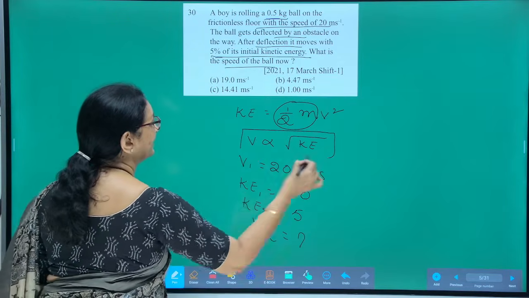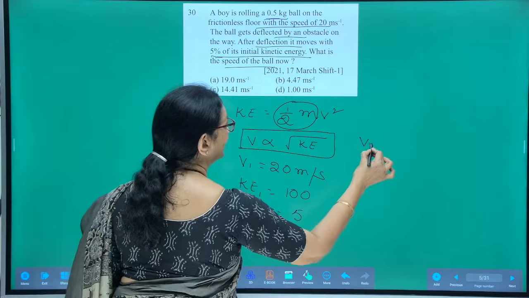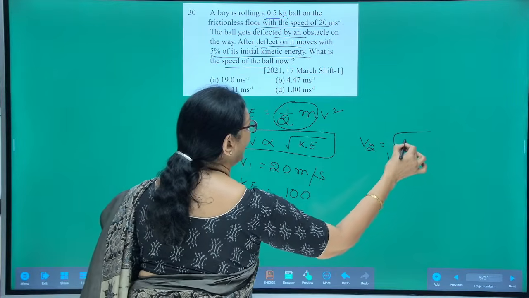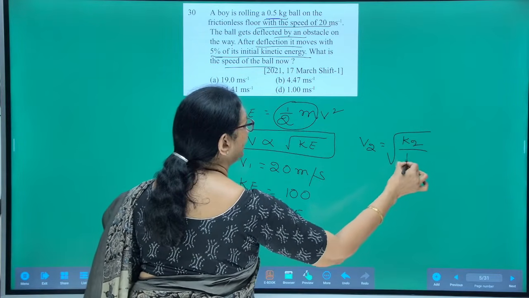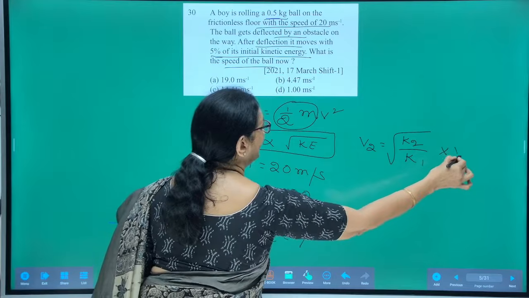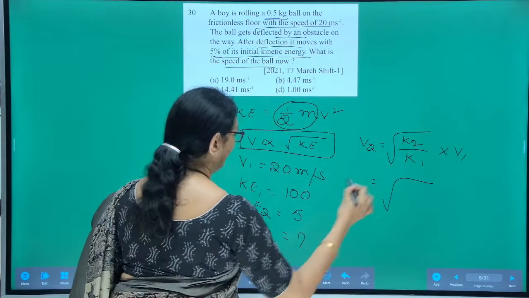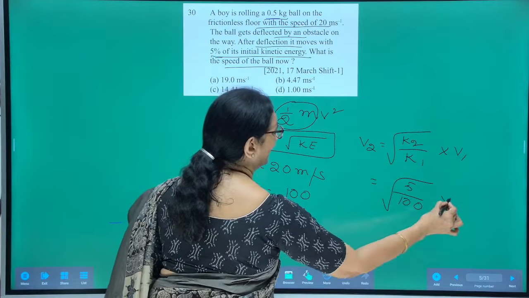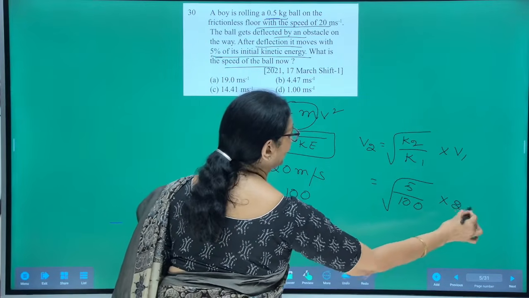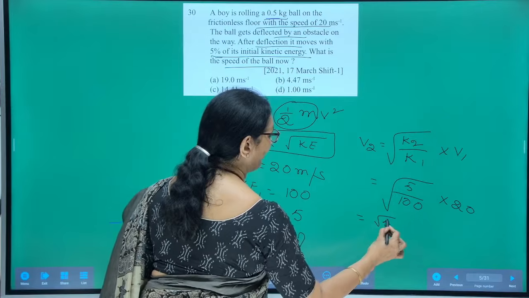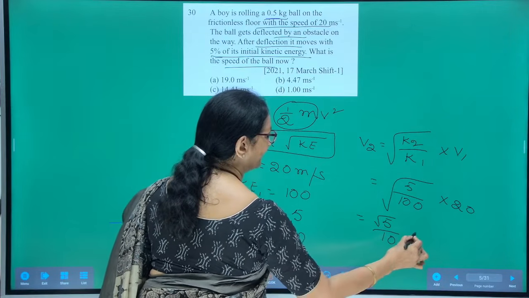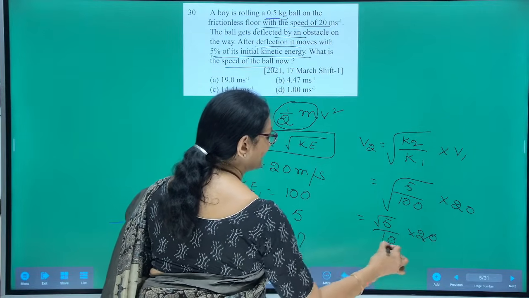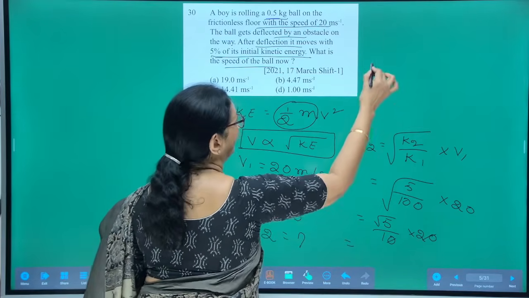From this relation, V2 is equal to square root of K2 by K1 into V1. K2 is 5 here, K1 is 100, into V1 which is 20. This is root 5 over root 100, which is 10, into 20. So, this is 2 root 5.